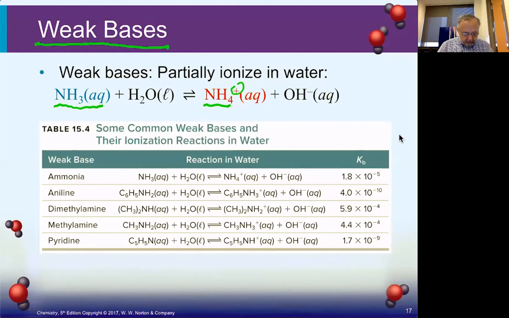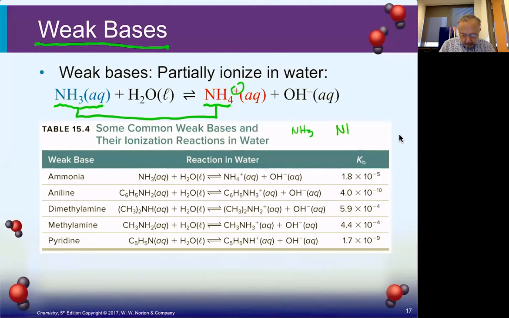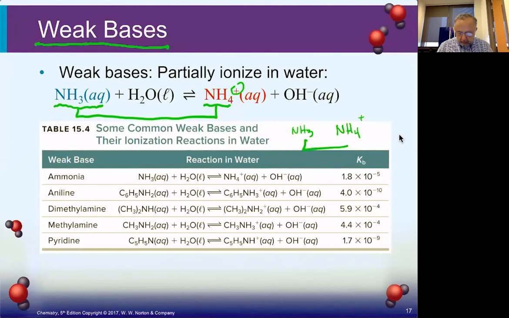They differ by one H plus. So NH3 and NH4 are not a conjugate acid and base pair because although they differ by one proton, they don't differ by plus one. The base usually will have the positive charge. Now they're conjugate acids and bases.